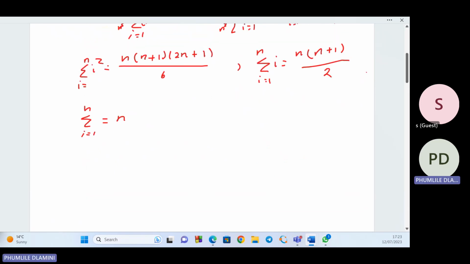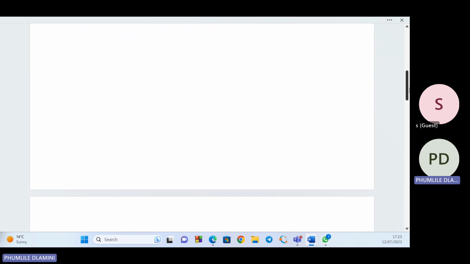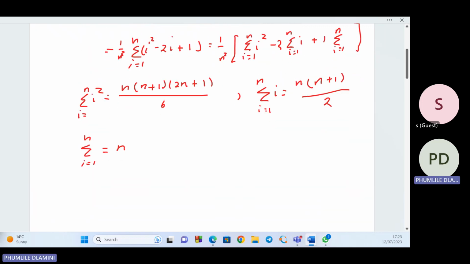When we proceed with this equation, you will see that we have 1 over n cubed, and this one here we're going to substitute with that value, which is n times (n plus 1). The answer in this question, you must get 1 over 3, according to your memory. If we don't get 1 over 3, it means that we are doing it wrong. There is something that we didn't do perfectly.